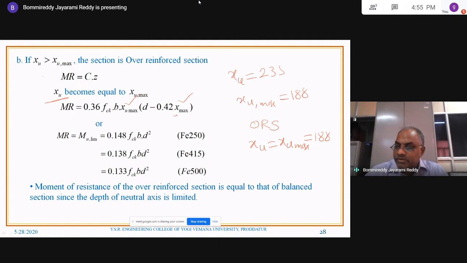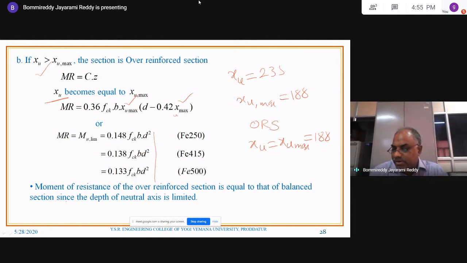So when it is an over reinforced section, either you substitute here XU maximum or otherwise these standard values 0.148, 0.138, 0.133 can also be used. That means the moment of resistance of a balanced section or of an over reinforced section is one and the same.